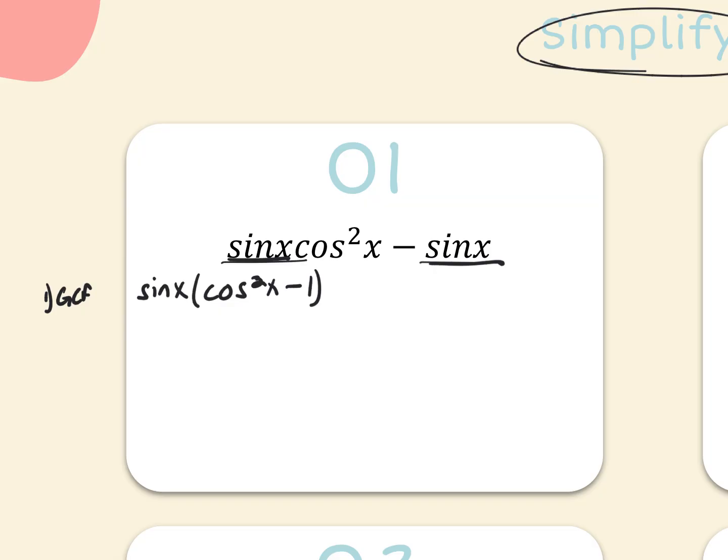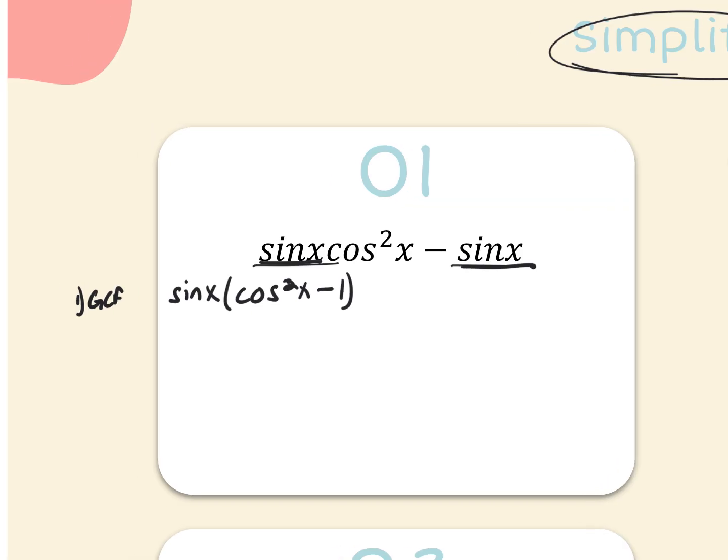Now, the cosine squared x minus 1 should stand out to you. You would now use a Pythagorean identity. If you remember, and we're going to give you this little sheet anyway, sine squared x plus cosine squared x equals 1.